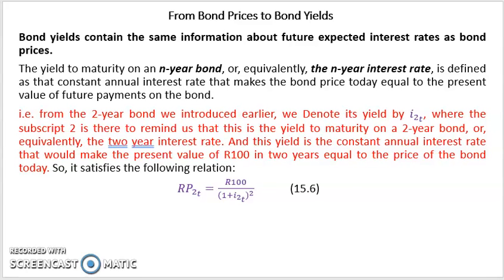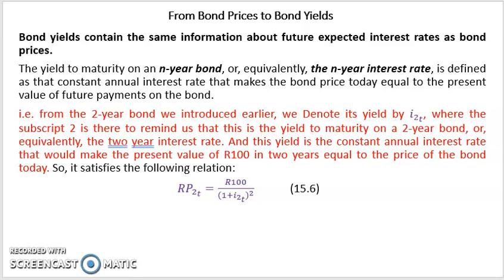Now that we've looked at bond prices, we are ready to go on to bond yields. The basic point here is that bond yields contain the same information about future expected interest rates as bond prices. They just do it in a much clearer way.